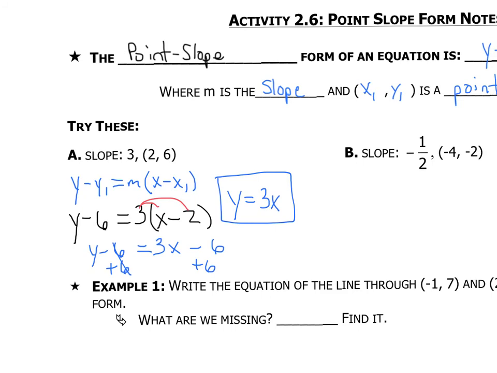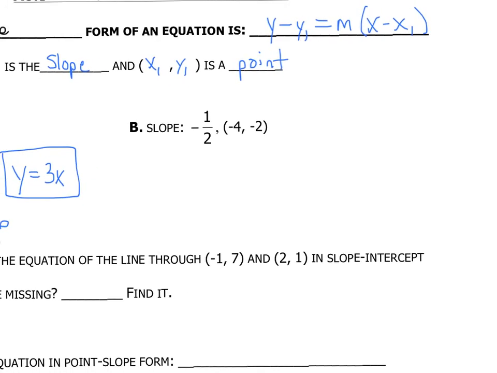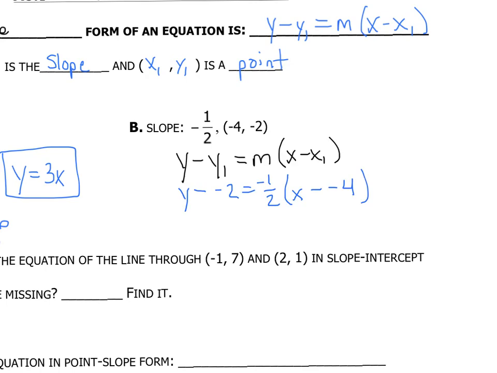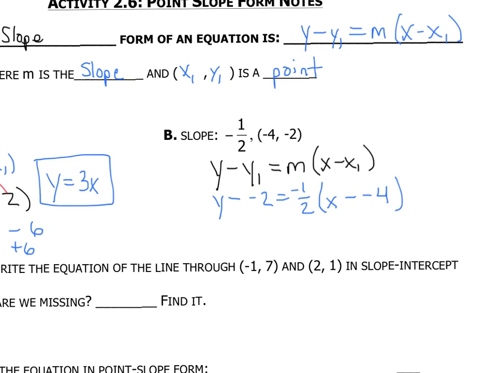So let's look at B, and I'm going to let you try this one on your own. Please pause the video now. Now, as you can see here, I've written out the equation and then I substitute my values, just like we've always talked about. The minus sign, when you look at the equation, you'll see that minus sign's there. That minus sign will always be there.